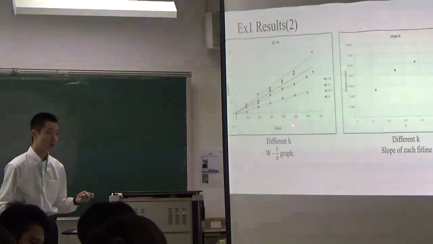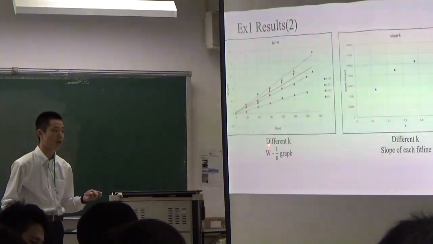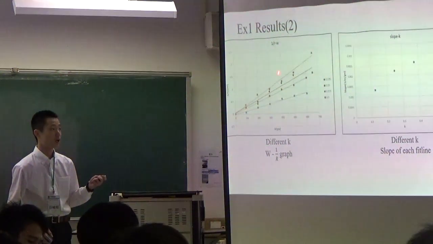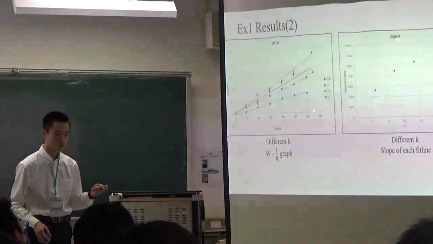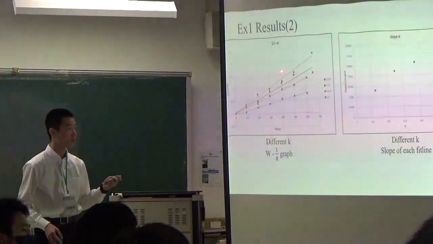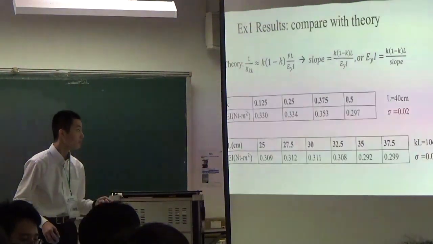The next result is the relationship between W and the reciprocal of R under different K. W is almost proportional to the reciprocal of R under different K, and I also put the slope under different K in this picture.